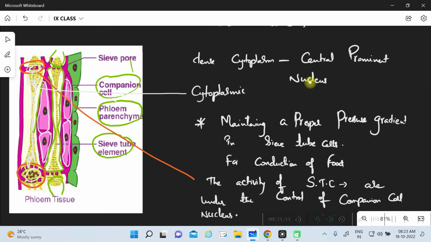So this is one of the important features. With this we have just completed the second component, which is called companion cells.